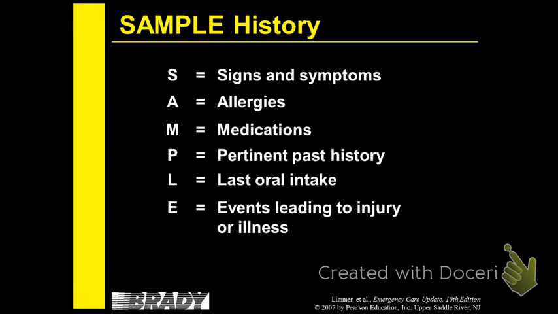Then we go to events. What led you up to this? What led you to come into the hospital today? What led you to come to the doctor's office today? What events took place to make you get off of your couch and come into the doctor's office, right? Or in my case, what led you to call 911? What were those events? And these all tie together. The events, I was having chest pain.